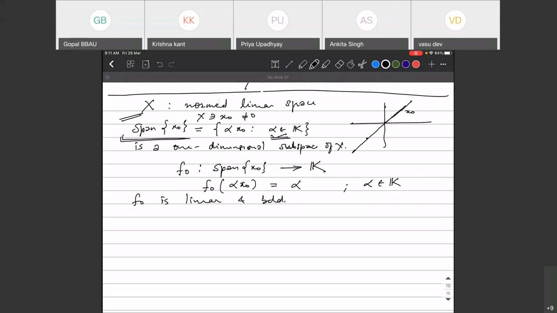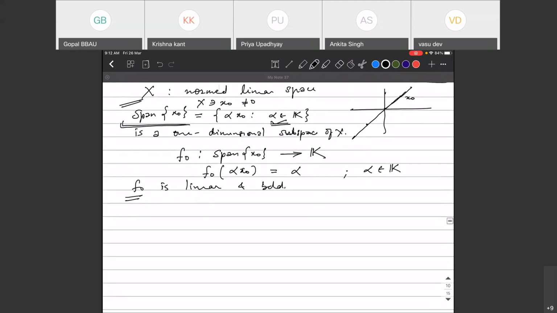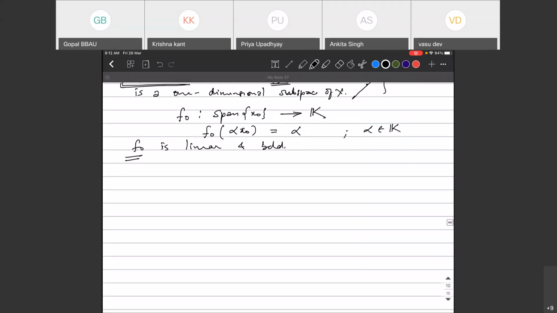So what the Hahn-Banach theorem does is it talks about extensions of this functional f naught to the whole of the space X. This means the Hahn-Banach theorem answers the following question.